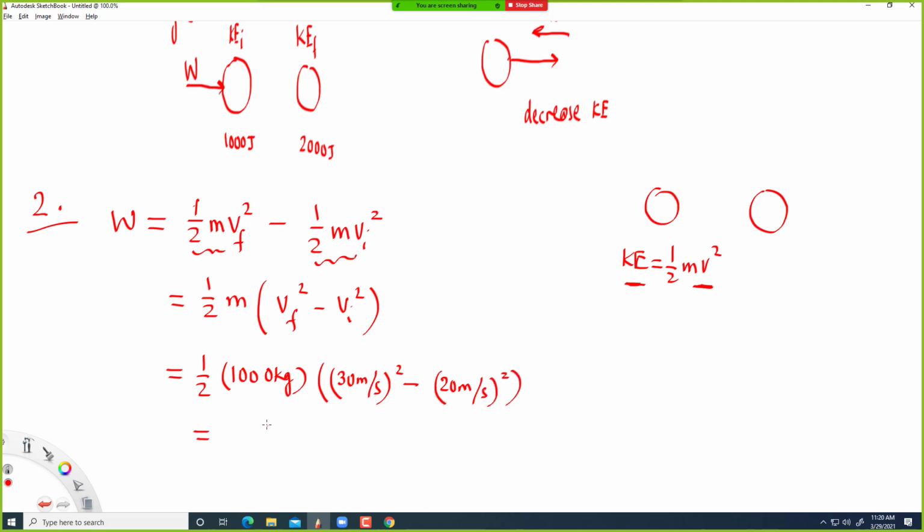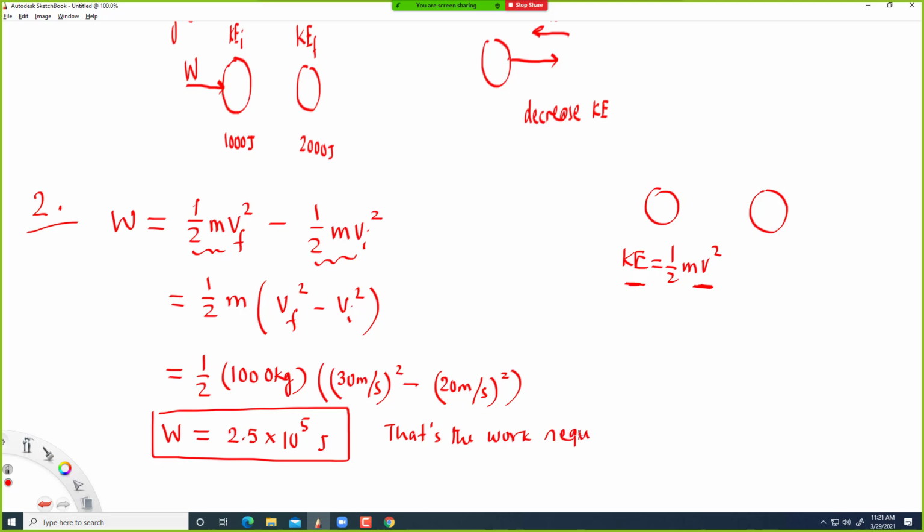So you do the calculation, that gives you 2.5 times 10 to 5 joules. Okay. So that's the work required to accelerate the car. Changing velocity means accelerating, to accelerate the car from 20 meters per second to 30 meters per second.